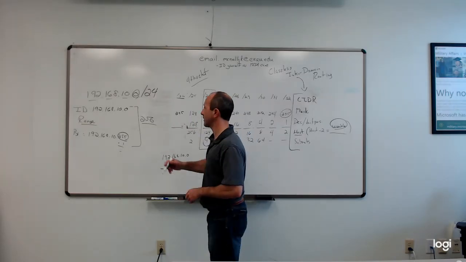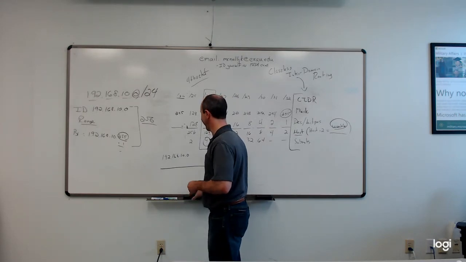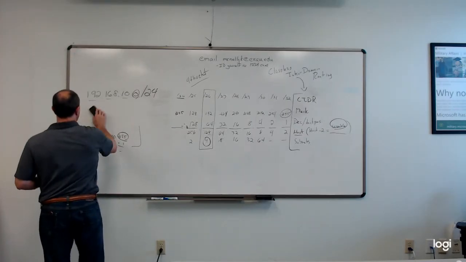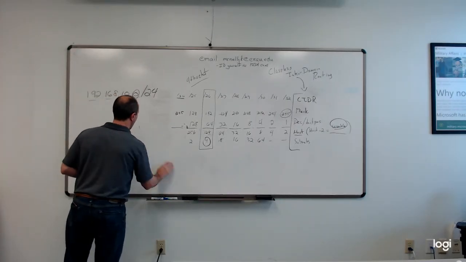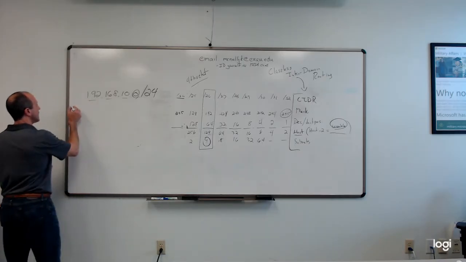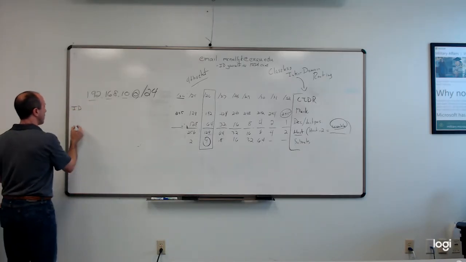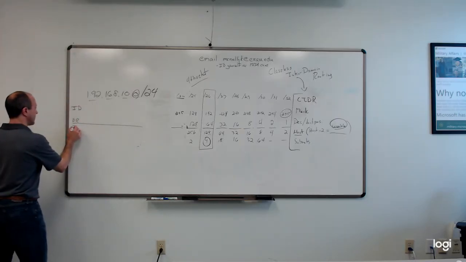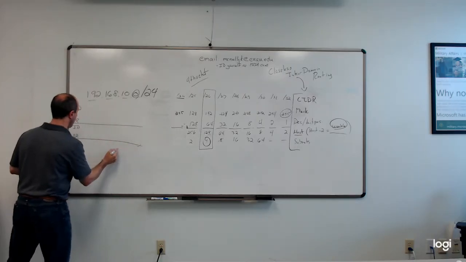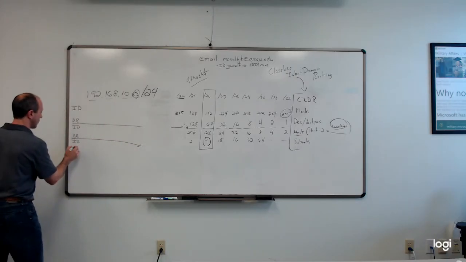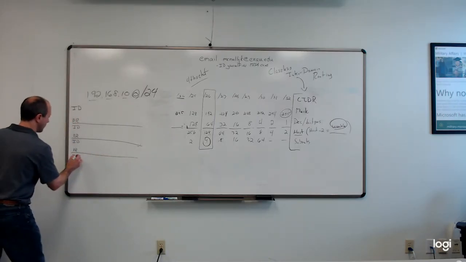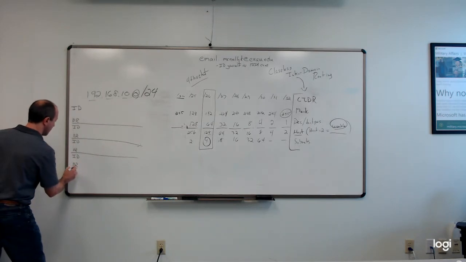I need more room, so I'll go up here. We need a network ID and a broadcast, a network ID and a broadcast, a network ID and a broadcast, and one more for good measure.